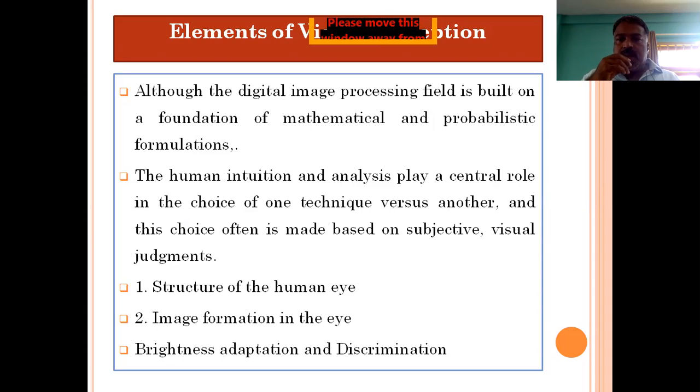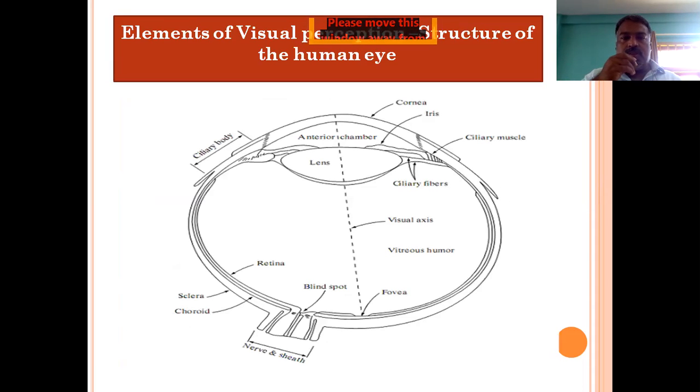Then, the same way, how the image is reproduced by the device. So this is the visual component of the human eye. The same thing we implement using digital input devices for capturing the image in order to perform the analysis.